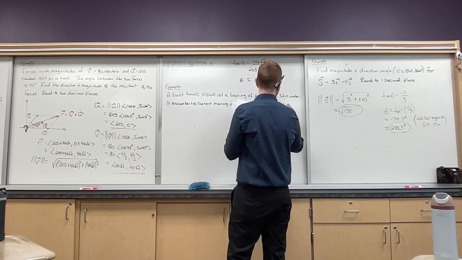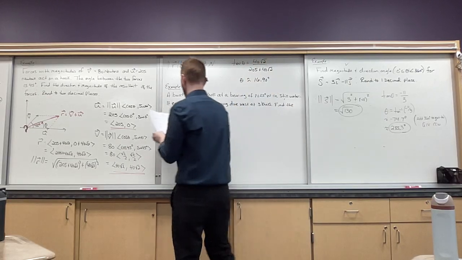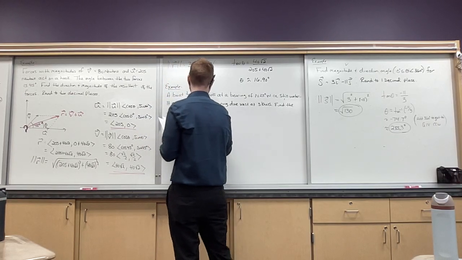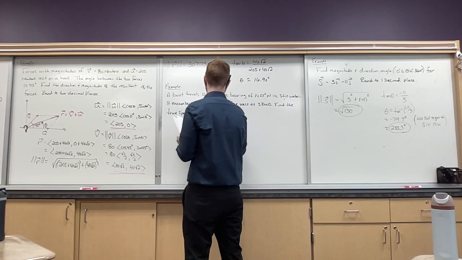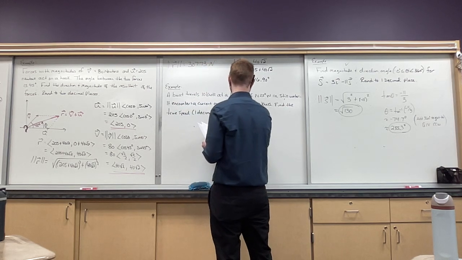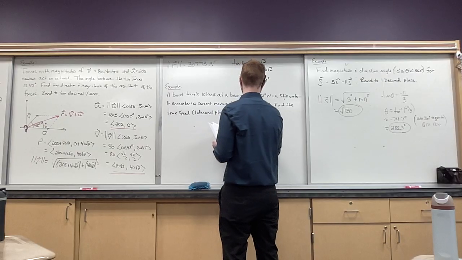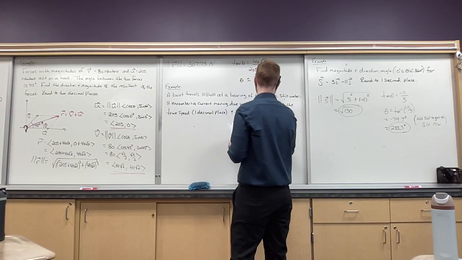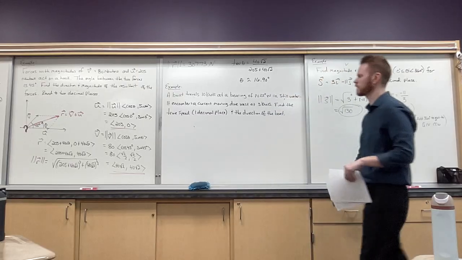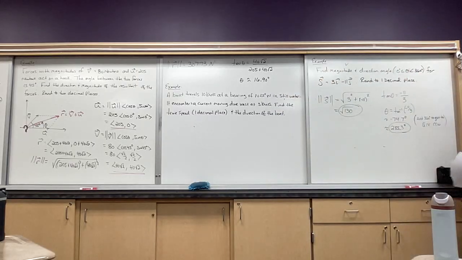Our goal is to find the true speed, and we're going to do 1 decimal place, and the direction of the boat, which is pretty important. Okay, so if you have a current hitting a vessel, you want to know what direction it's going to head in after it hits the vessel itself.